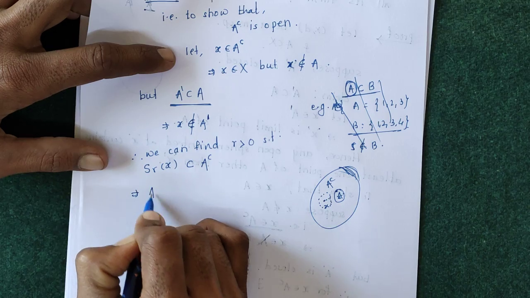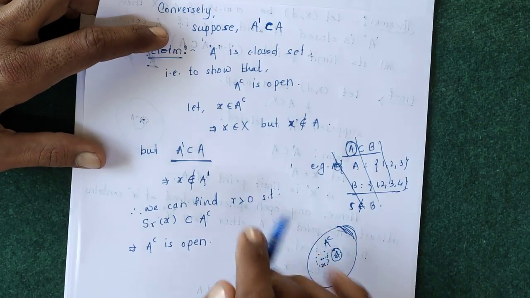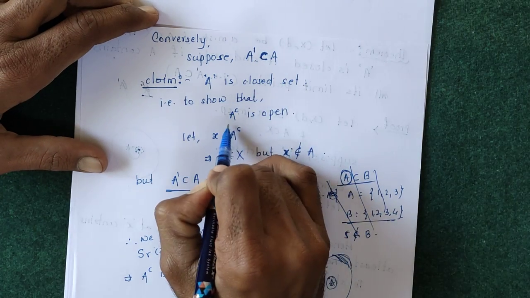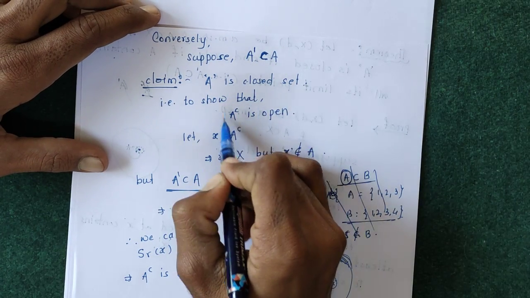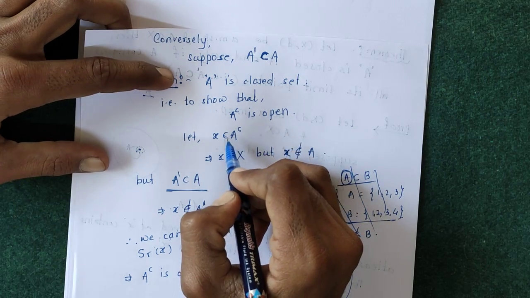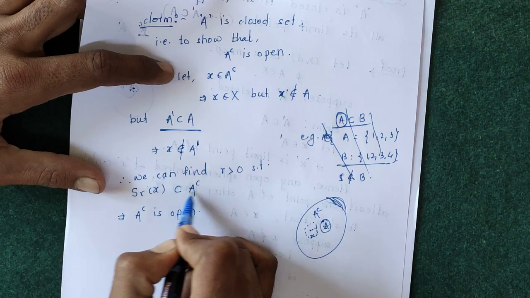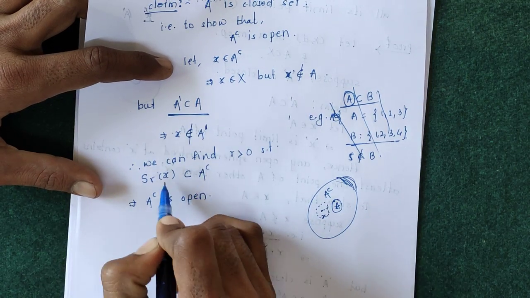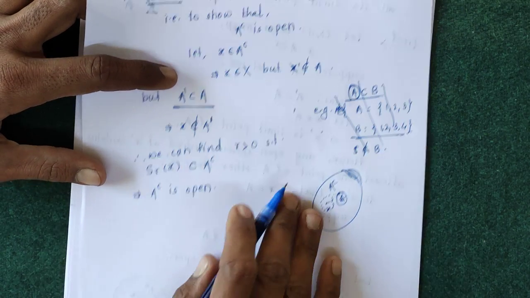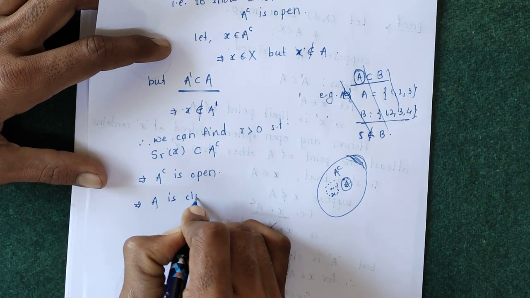This implies A complement is open. To prove A is closed, we have to prove A complement is open, and we prove any set is open by taking an element of that set and finding some radius such that the open sphere centered at that x lies totally inside that set. Similarly, here S_r(x) lies totally inside A complement. A complement is open, implies A is a closed set.